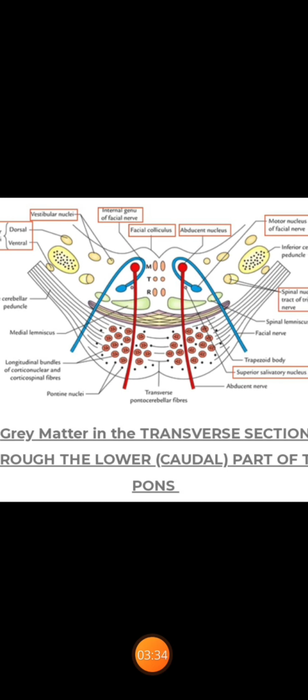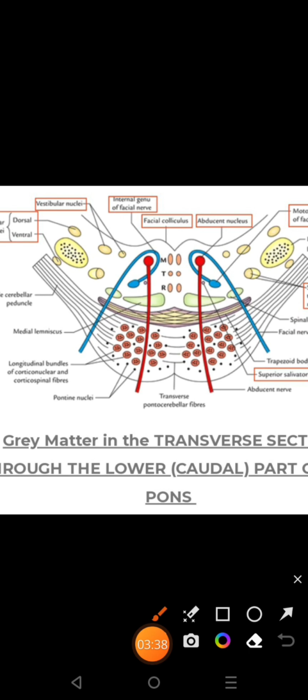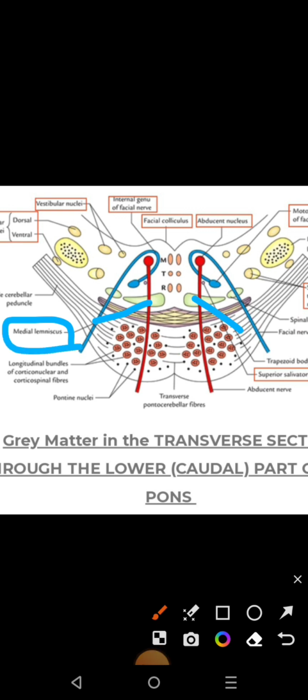Okay, what else do you see? You see there is another structure. Let me mark. This is the medial lemniscus, of course, on both sides, right? This is one of the ascending tracts we will see at this level, and just lateral to it, you observe the spinal lemniscus, right? You have heard about various lemnisci. The two of these you can see here, and what about the third lemniscus?